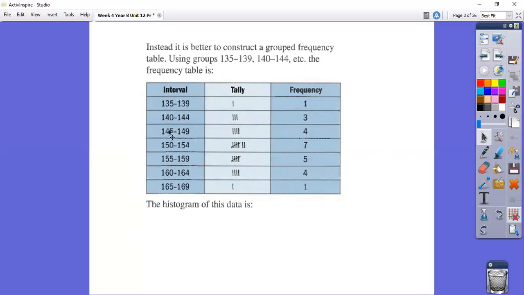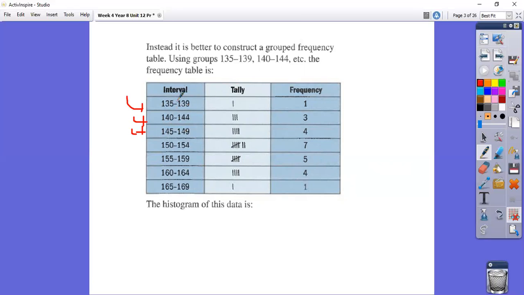So this would all be grouped. Now, what you need to be careful with is that when you do your class intervals, make sure the interval width is the same. If you notice, 135 to 139 is 4, 140 to 144 is 4, 145 to 149 is 4. Another thing you might notice is that the intervals don't overlap.